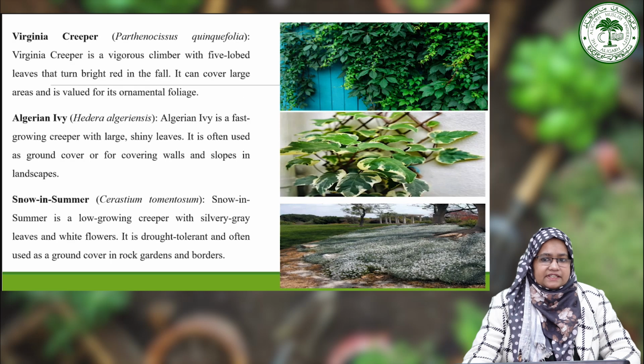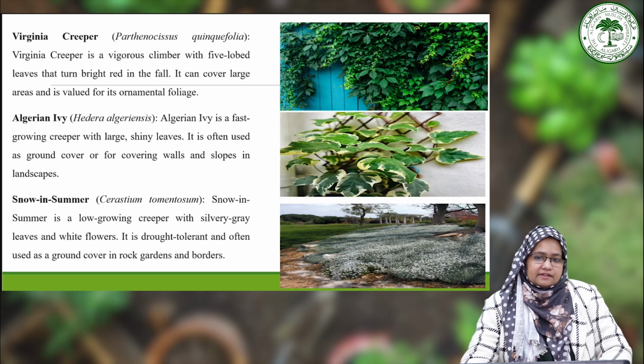Then Virginia creeper, which is botanically known as Parthenocissus quinquefolia. Virginia creeper is a robust climber distinguished by its five-lobed leaves that transform into vibrant red hues during autumn. Its ability to blanket large areas makes it a favored choice for ornamental foliage.